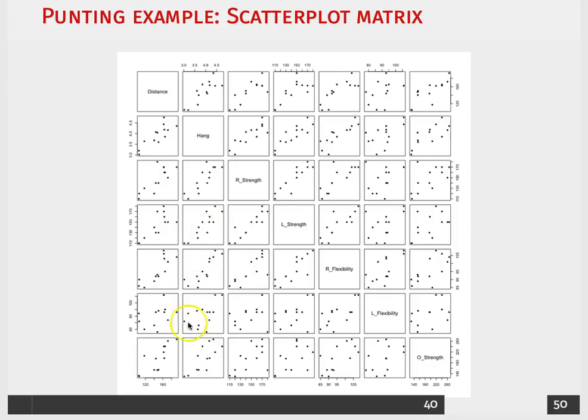Maybe right leg flexibility, left leg flexibility does seem to be positively correlated, but not necessarily so. So you can see really quickly that many of these covariates vary together and that it may be difficult for us to estimate the partial effect of which variable is doing the most work in helping us explain variation in our outcome.